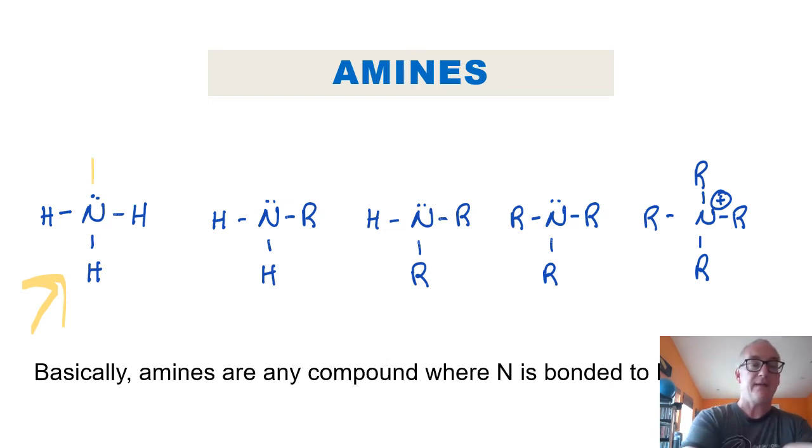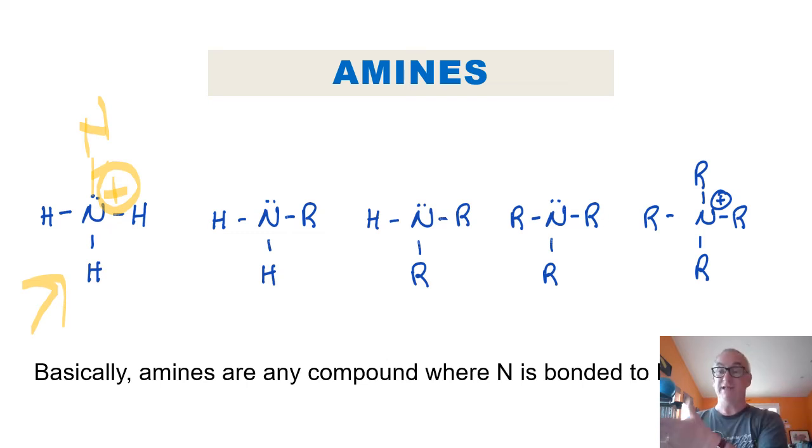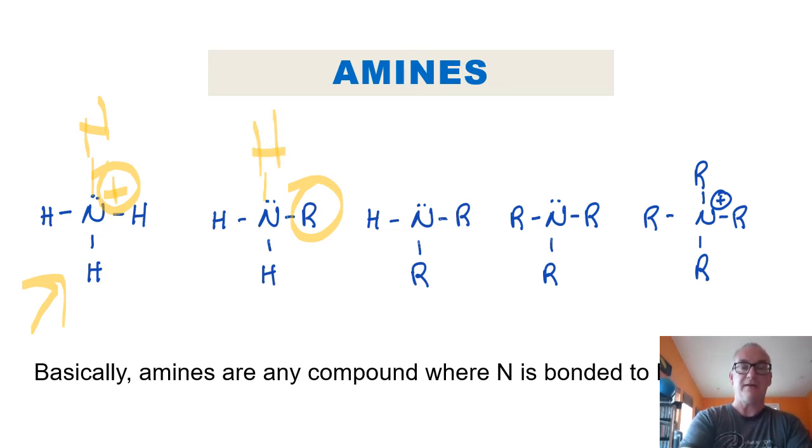So we can protonate this, and then the nitrogen gets a positive charge and we form ammonium ion. Well, exactly the same thing can happen when we stick an NH2 on the end of a carbon chain. So here I got my carbon chain and my amine group. And again, I can put a hydrogen there and give it a positive charge.